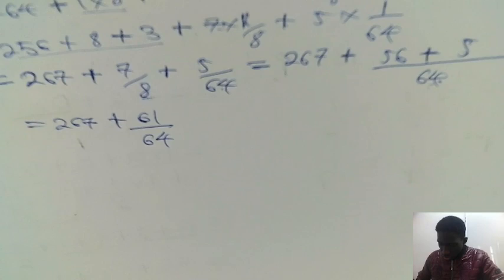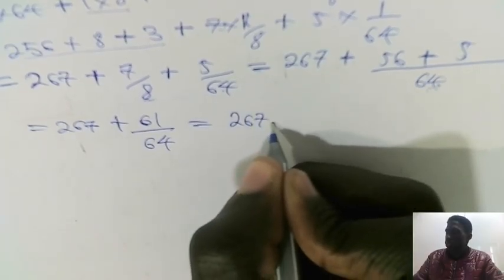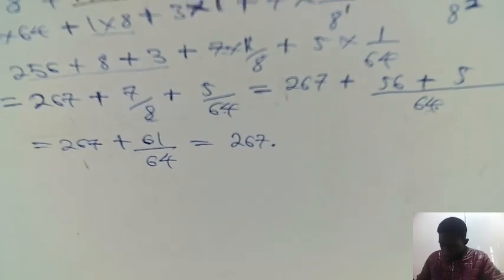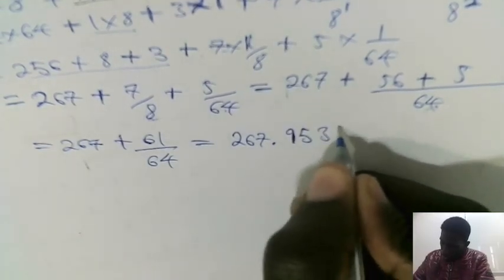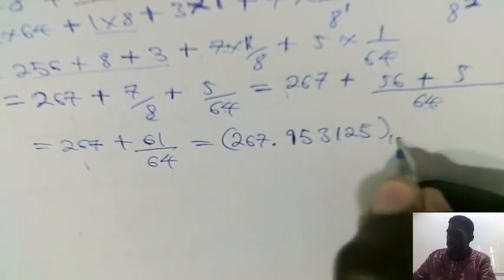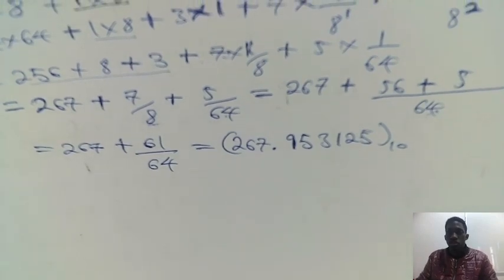If we use a calculator, we'll get 267.953125 in base 10. So we've converted that one to base 10.